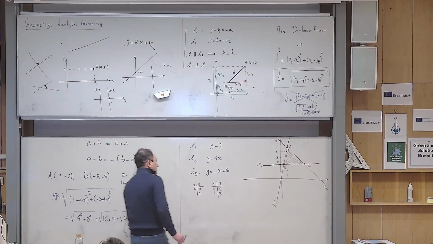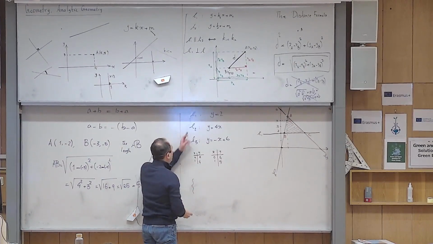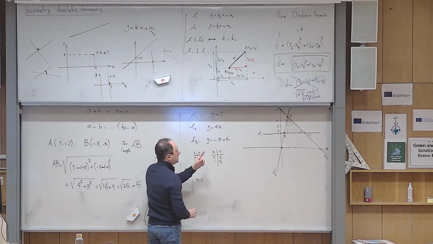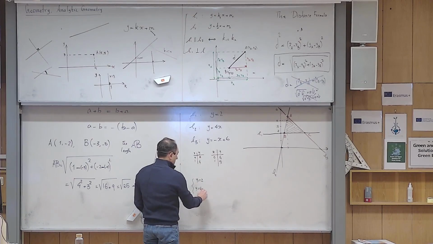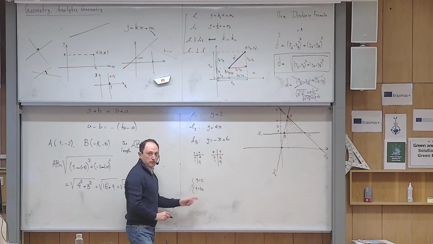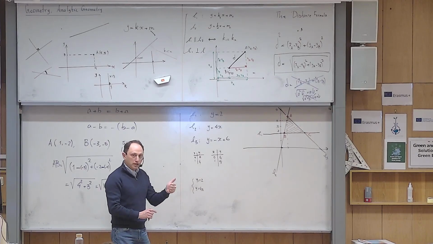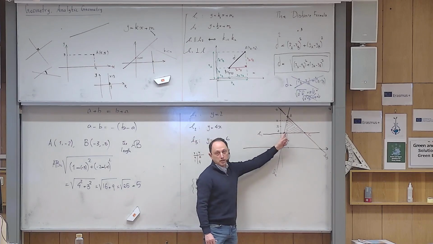So I need to open a system. L1 is y equals to 2. L2 is, what is L2? Is y equals 4x. Yes? If I solve the system it will give me 2 numbers, one for x, one for y. These are the coordinates of the intersection point.